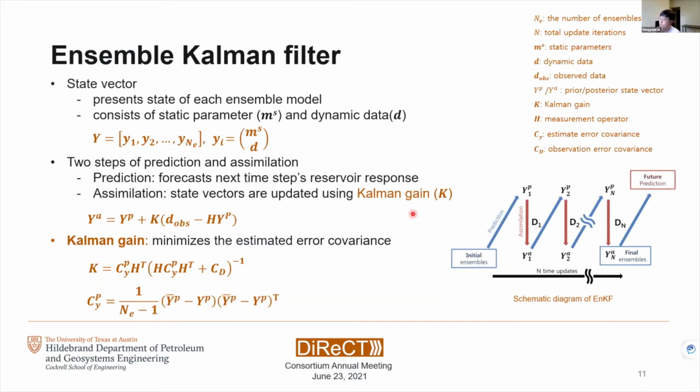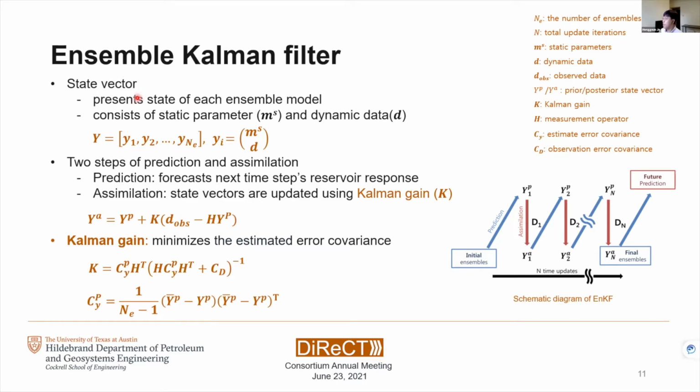Ensemble Kalman filter is one of the most popular ensemble-based history matching algorithms, and its variation is Ensemble Smoother or ESMDA. So Ensemble Kalman filter, ESMDA, or Ensemble Smoother, they are in the same family. Instead of using one deterministic reservoir model, it uses multiple realizations of the reservoir model, which is called an ensemble.